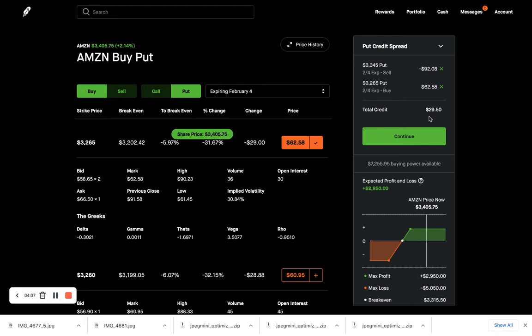This thing is 80 strikes wide, because this strike minus that leaves us 80. That means there's $8,000 on the line minus the credit received, which is going to be $29, or let's just round that to 30. So our max loss is going to be a little bit over $5,000. Max loss will be $5,050.